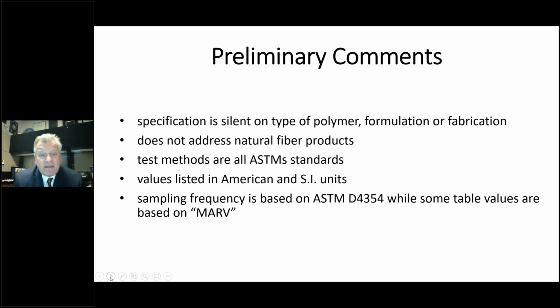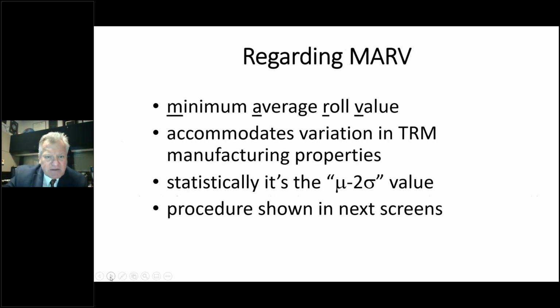As far as the sampling is concerned, it's based on an ASTM standard D4354, and the tables are also based on MARV value, and I'll talk a little bit about that. MARV is minimum average roll value, and for the TRM, it's for the property of the TRM. This is not the absolute minimum.